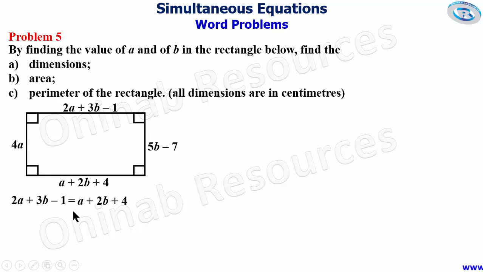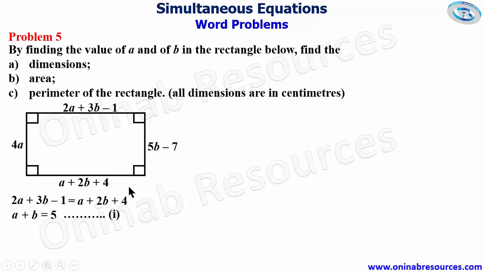So 2a minus a gives a. This is 3b minus 2b, that will give us b. And this minus 1 goes to the right hand side, to be added to the 4 to give 5. And that gives equation 1.